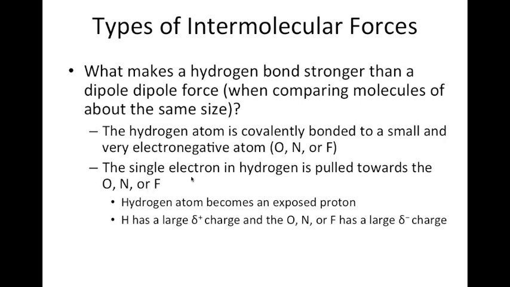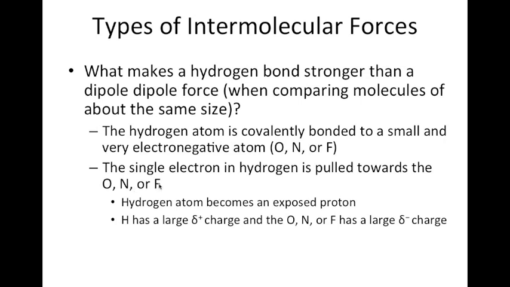Now also we have to take into account the hydrogen atom. The hydrogen, of course, is bonded to the oxygen, nitrogen, or fluorine. And this hydrogen atom has only one proton, only one electron. And that electron, of course, is in the bonding pair. And so that bonding electron of hydrogen is going to be pulled away from the hydrogen, not all the way, but towards the oxygen, nitrogen, or fluorine.